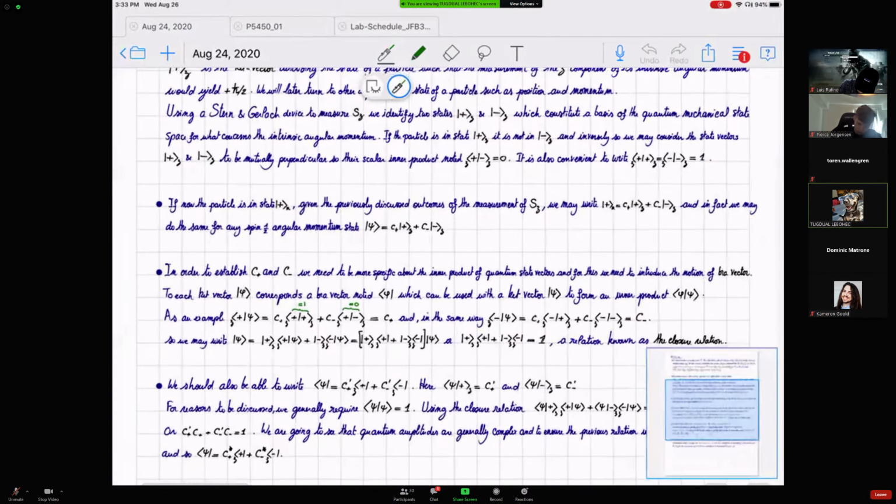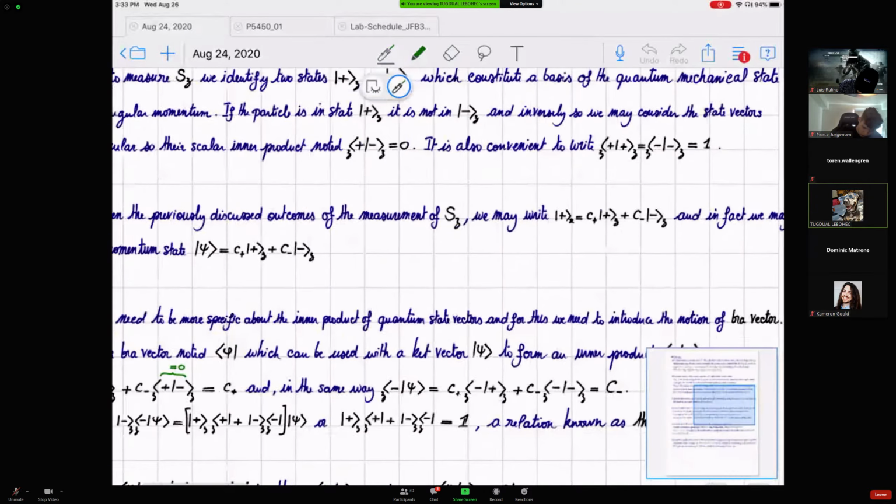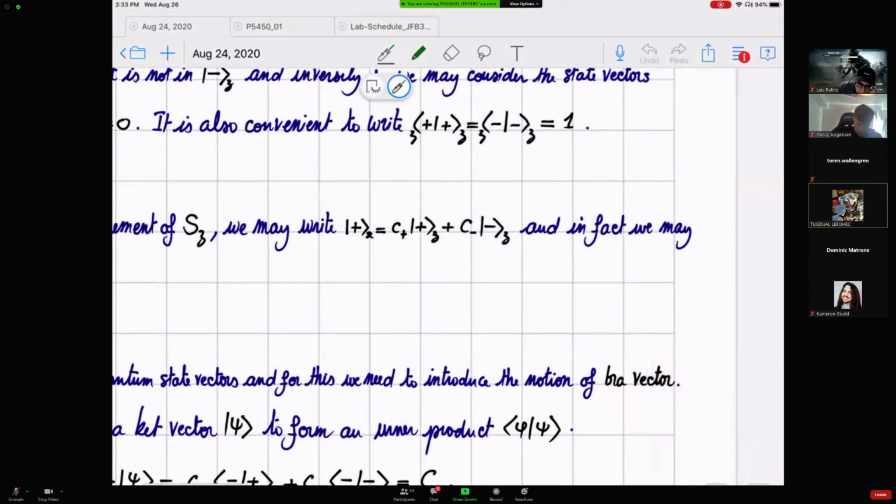So we identify that the state space is two-dimensional, and we are considering plus sub z and minus sub z as constituting a basis. That means that, for example, the electron that is going through the Stern-Gerlach device that measures the x component of the angular momentum can be described as a linear combination of plus sub z and minus sub z.